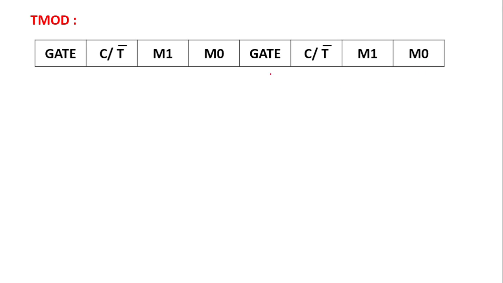As I am not using timer 0 in my program, I will set the lower 4 bits to 0000. In serial communication, particularly timer 1 is used, and these 4 bits are used for setting the mode of timer 1. What about gate? Gate is used when you want to control the timer through hardware as well as software way. I don't want to control the timer through hardware, so I will make gate 0.